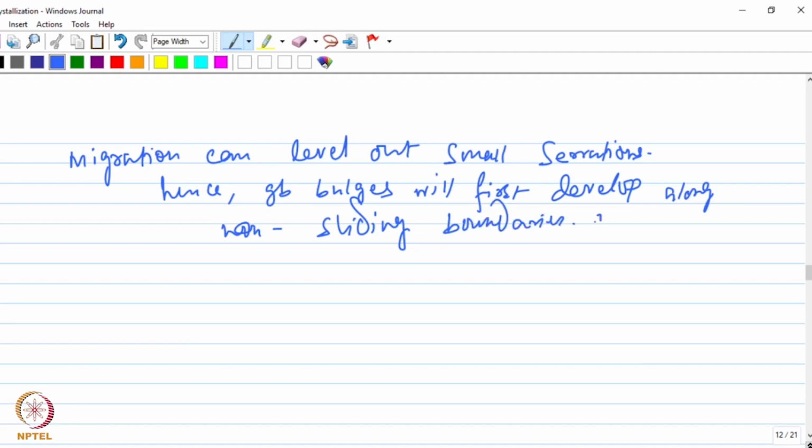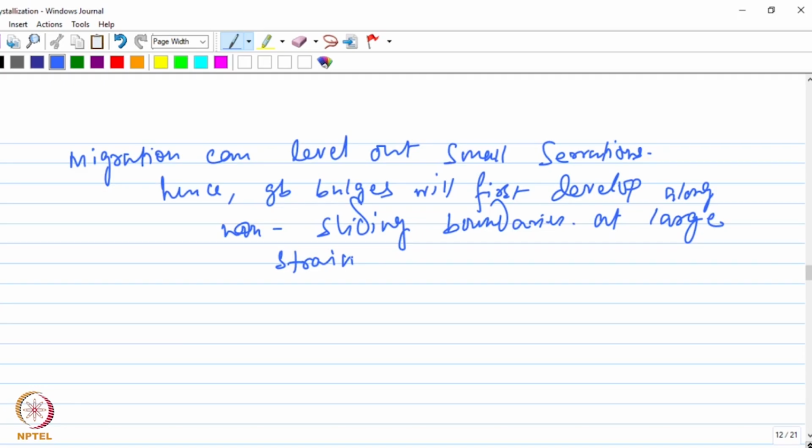And this would occur at large strain, while the dislocations arrange and form the low angle boundaries at lower strain.